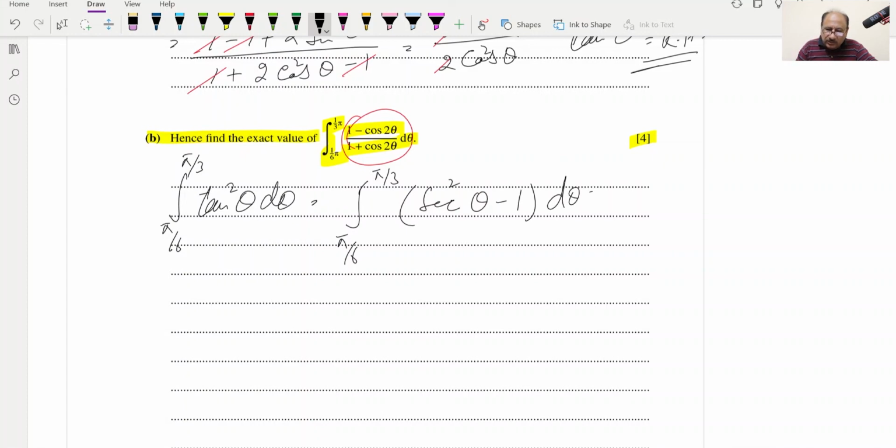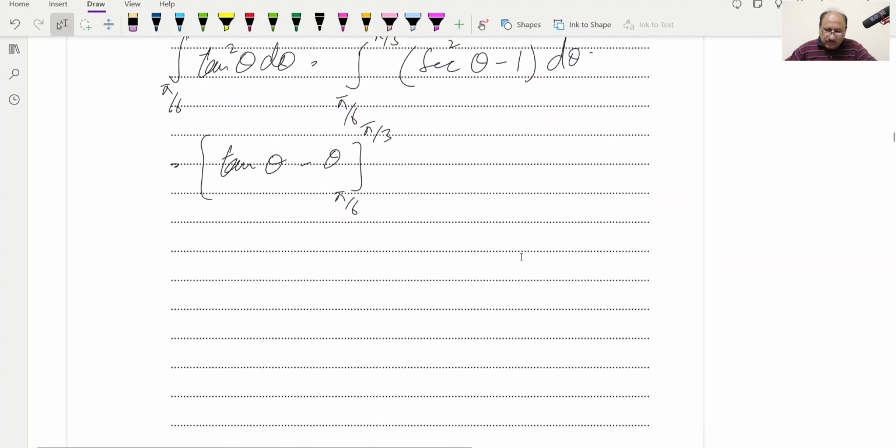Now we can take the integral, and the integral of secant square theta will be tan theta, so we can write here tan theta minus the integral of 1, which will be theta, with limits pi by 6 to pi by 3. We can replace the upper limit first and then the lower limit.